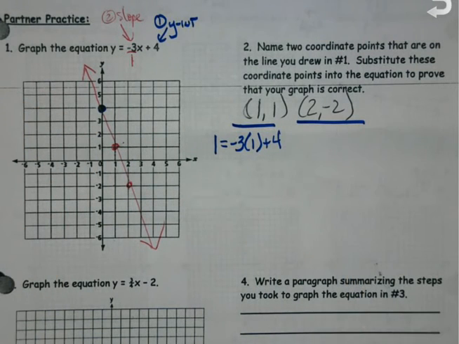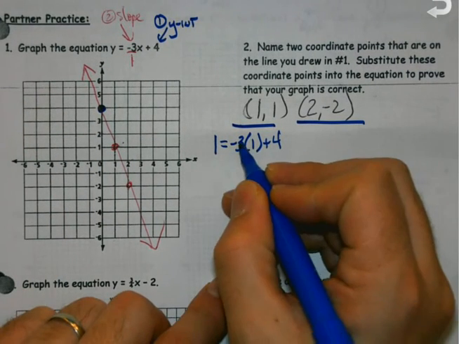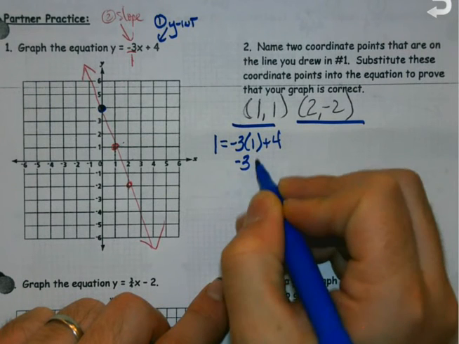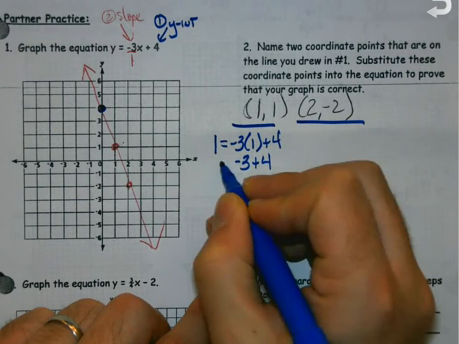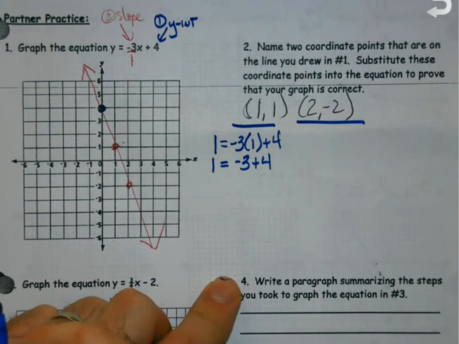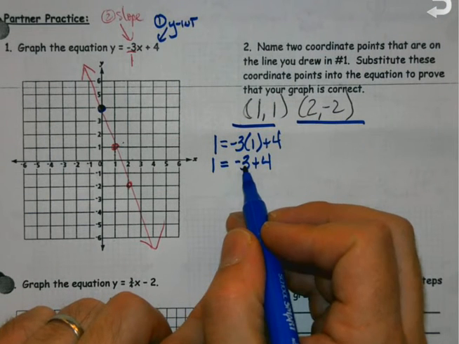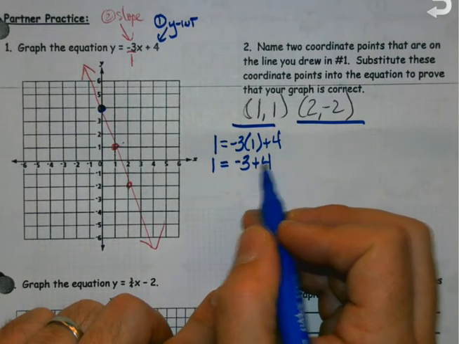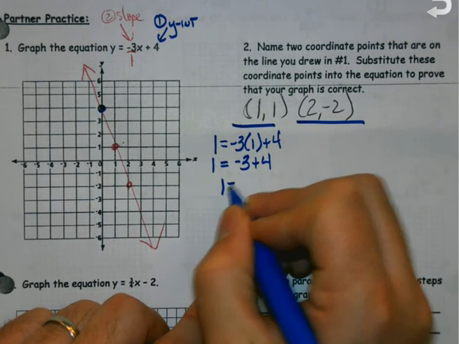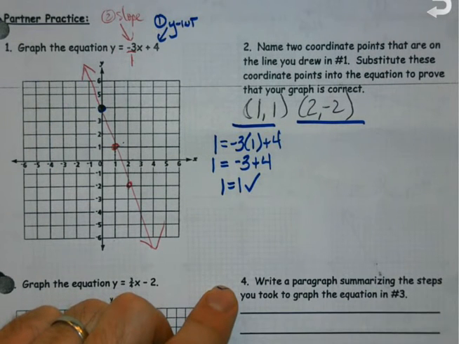When I figure this out, the two sides should be equal. So here, negative 3 times 1 is negative 3. Does negative 3 plus 4 equal 1? If I owe somebody $3 and then I find $4 in my pocket, am I a dollar ahead? Yeah. Okay. So that's a point on my line.